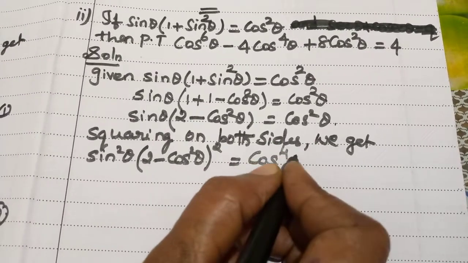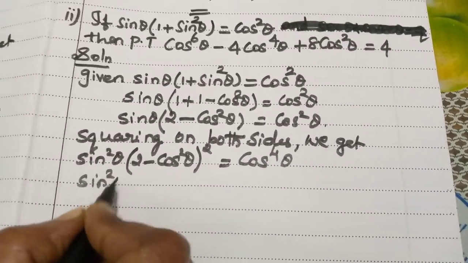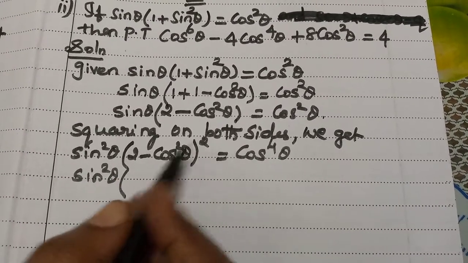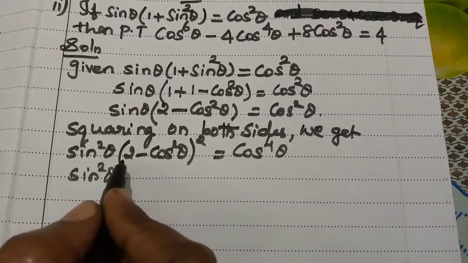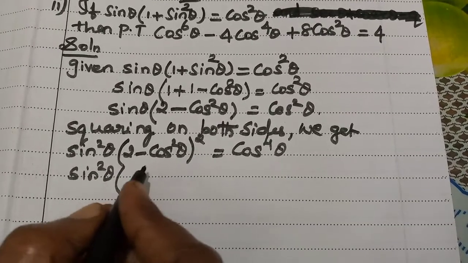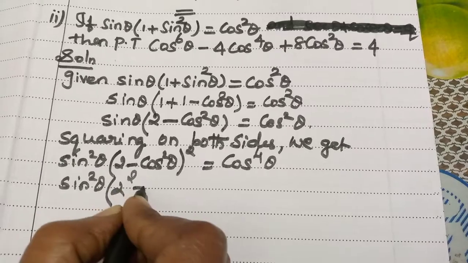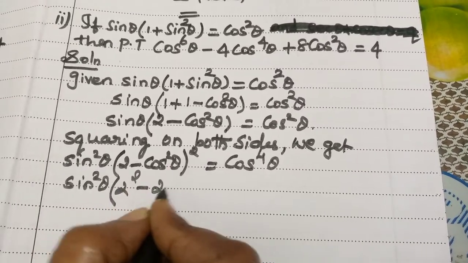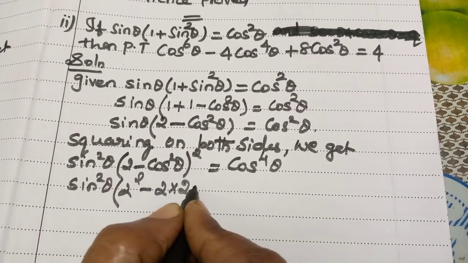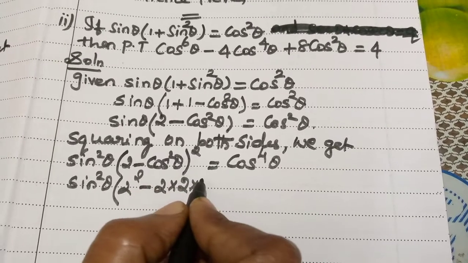Cos power 4 theta. That is sin square theta into, it is in the form of a minus b the whole square. What is a minus b the whole square? A square minus 2ab plus b square. Okay, that is 2 square minus 2ab, that is 2 into, what is a? A is 2. What is b? Cos power 2 theta, that is cos square theta.